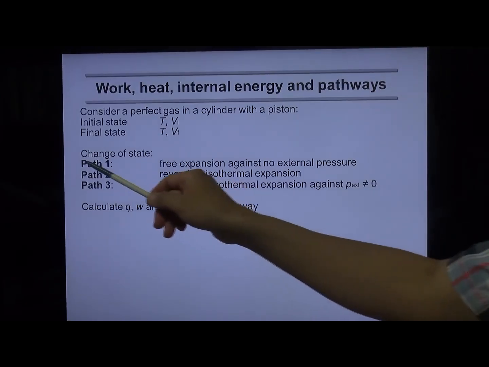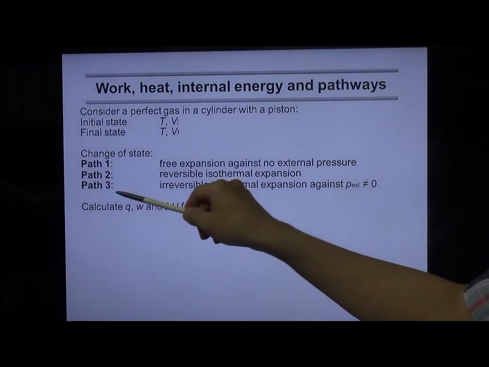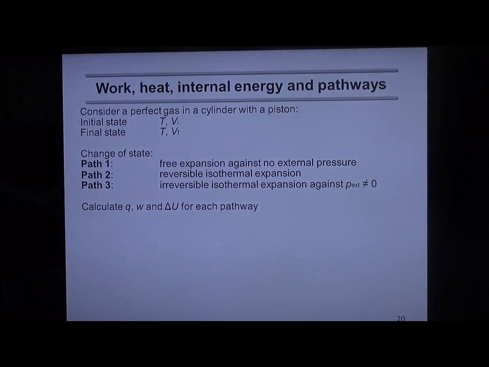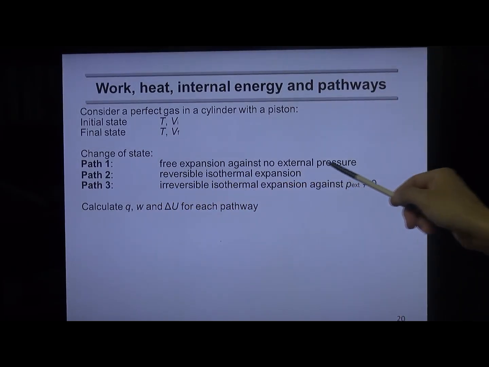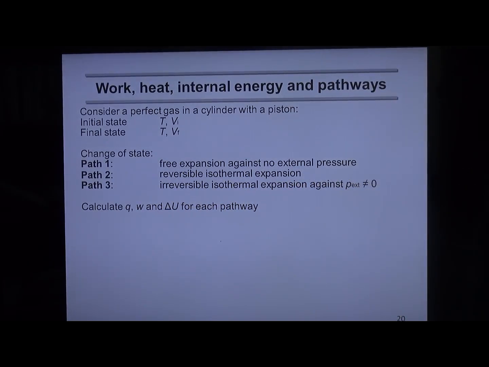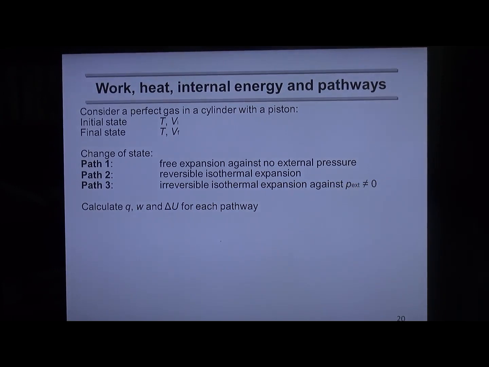Let's calculate Q, W, and delta U for three different paths. The first one is free expansion against no external pressure. We already have learned this. The second path is reversible isothermal expansion. We also learned this. The third path is irreversible isothermal expansion against constant external pressure. Actually, we have already learned this. We just reviewed them.